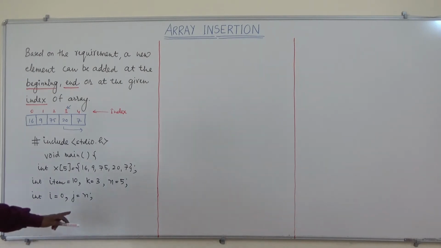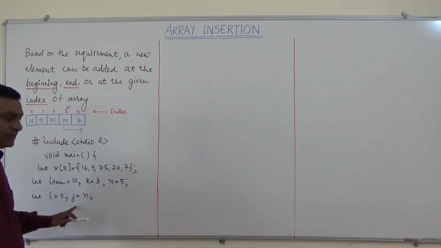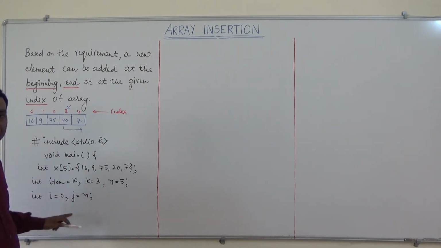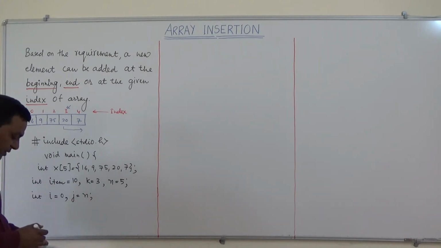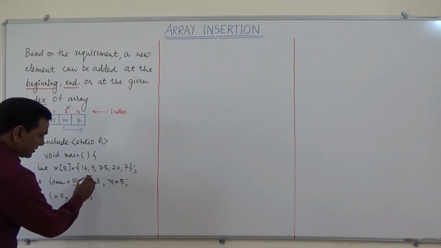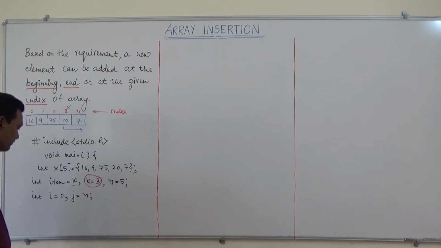So in the starting we have taken a variable j and it will hold the value of n, which is 5. We will see later why we are doing this. We have to focus on this point: we have to insert this 10 at index 3.